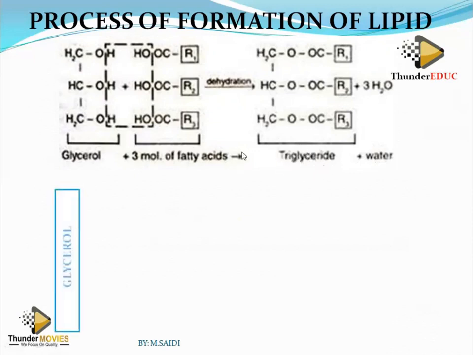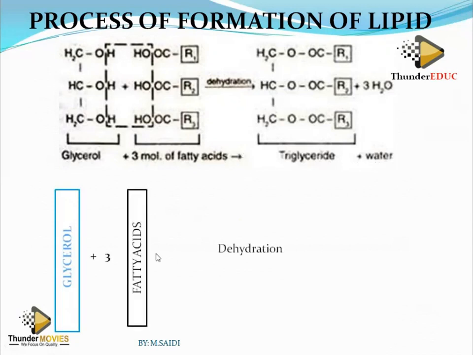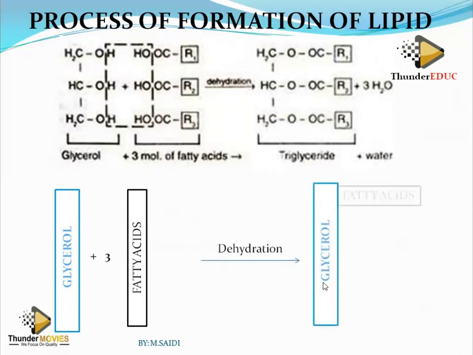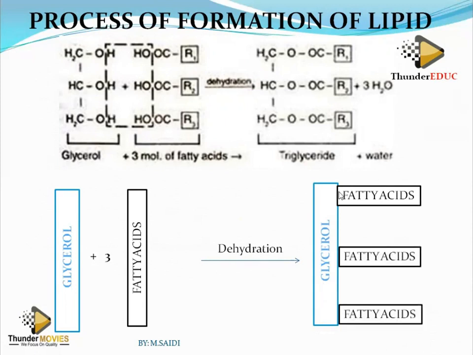And then symbolically, you can present it like this. We prefer this to this. So you have 1 glycerol plus 3 fatty acids under a process of dehydration. Then you form the triglyceride, 1 glycerol and 3 fatty acids, plus a water molecule. It means that the water molecule has been released.